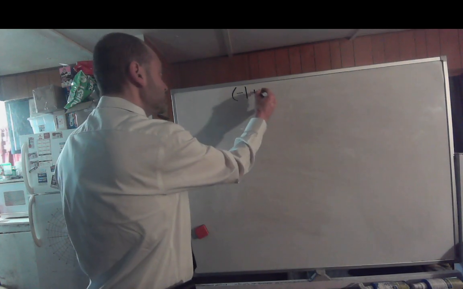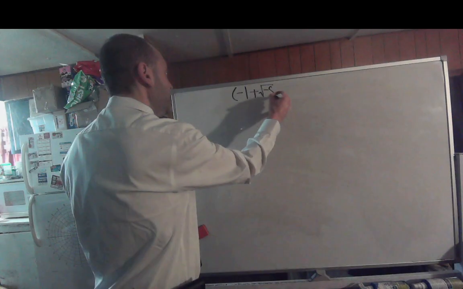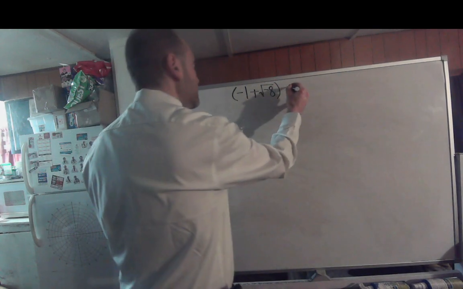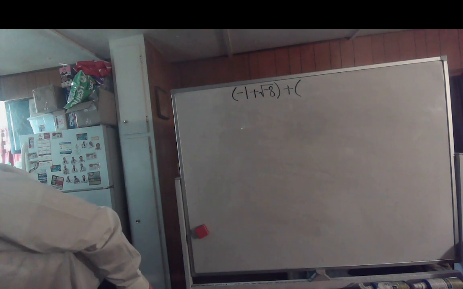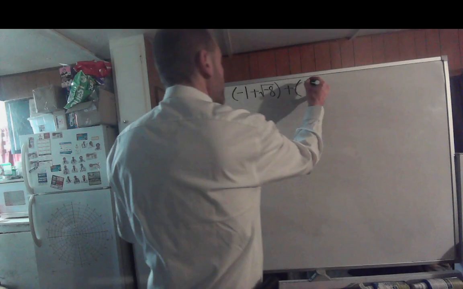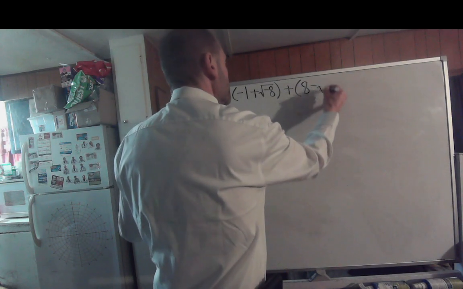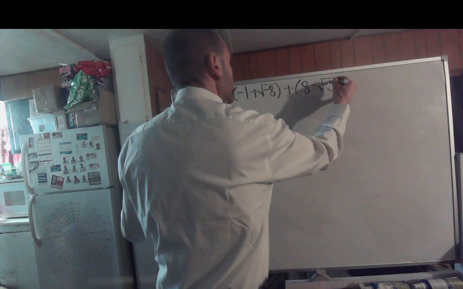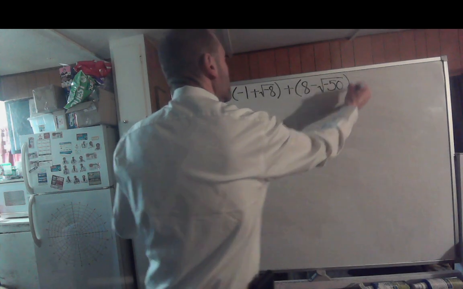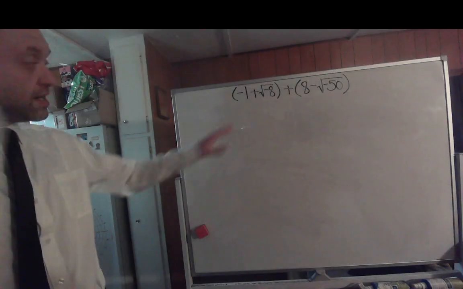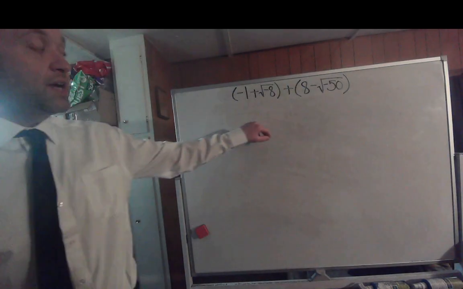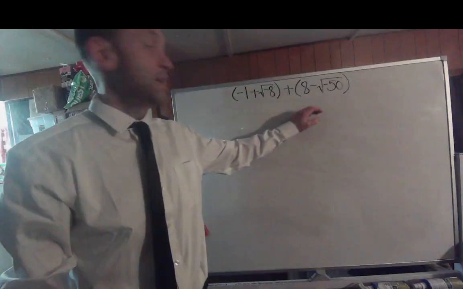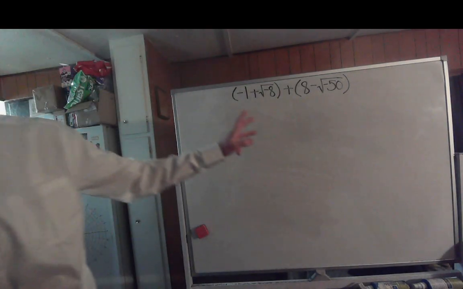Negative 1 plus the square root of negative 8 plus we have 8 minus the square root of negative 50. That one looks like a doozy. So the quantity negative 1 plus the square root of negative 8 plus the quantity of 8 minus the square root of negative 50.